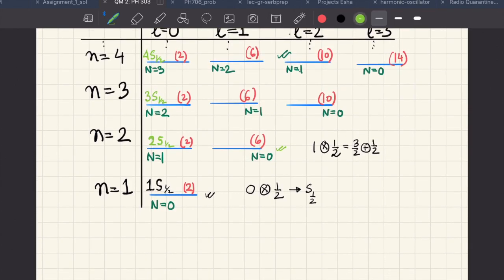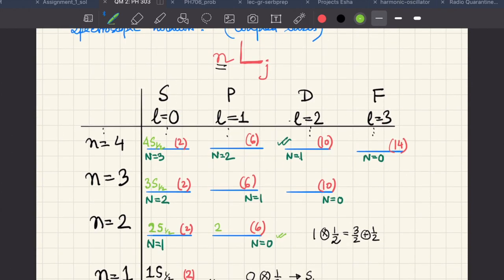The states will therefore be 2 for small n, capital L here is P because small l is equal to 1, and then we have two different things: one is 2p 3 by 2 and 2p half. Similarly, here this is 3p 3 by 2 and this is 3p half. This is 4p 3 by 2, and this is 4p half.